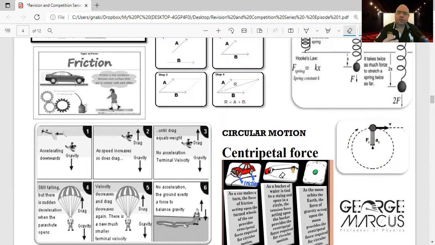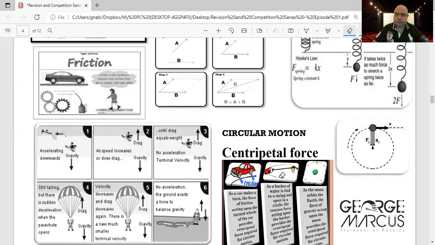And as the speed increases, air resistance increases, acceleration decreases, until the forces are balanced. When the forces are balanced, it reaches 0 acceleration, or constant velocity, that we call terminal velocity.